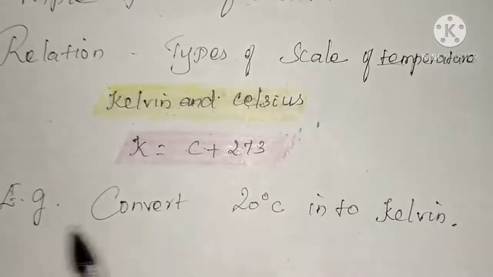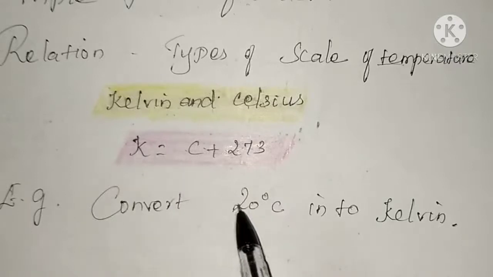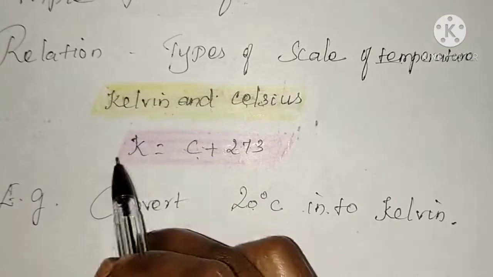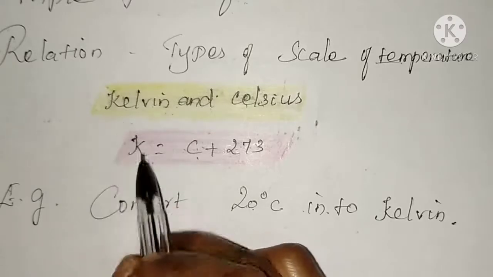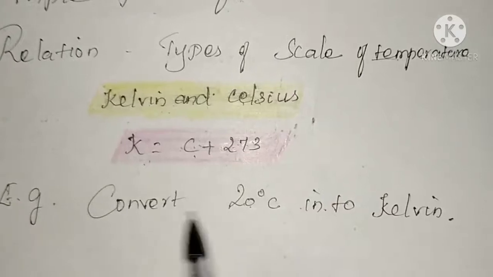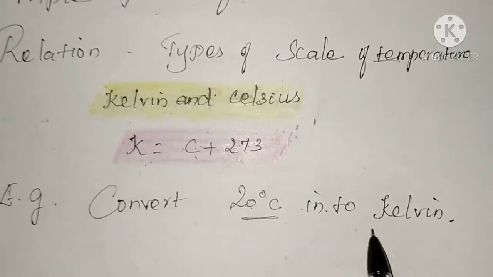Now here is one example. How will you convert 20 degrees Celsius into Kelvin? By using this formula, we can convert degree Celsius into Kelvin scale, and the Kelvin scale can also be changed into degree Celsius. See this example, 20 degrees Celsius into Kelvin.